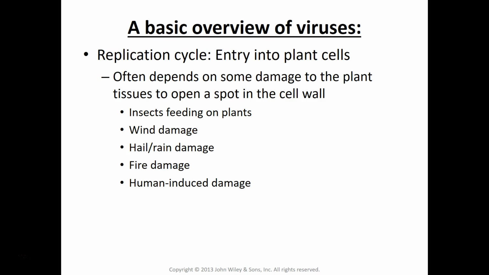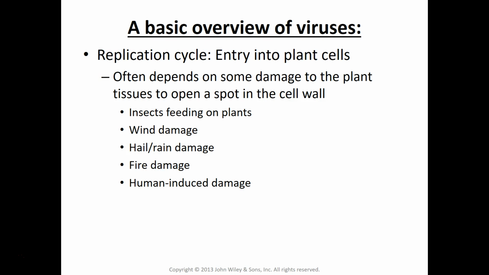Okay, so for plant cells, there has to be some type of injury to that cell wall. And it actually doesn't take much to damage the cell wall of a plant, apparently. Rain, hail, wind, depending on the stability of the plant.